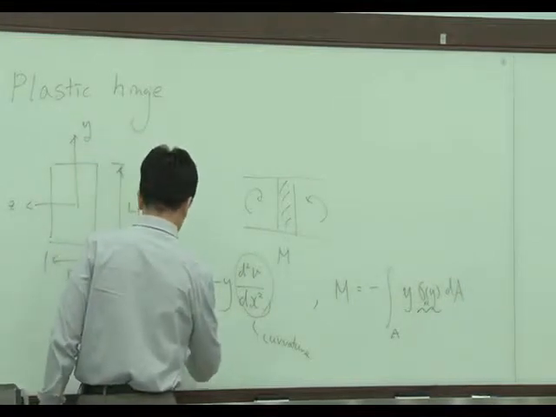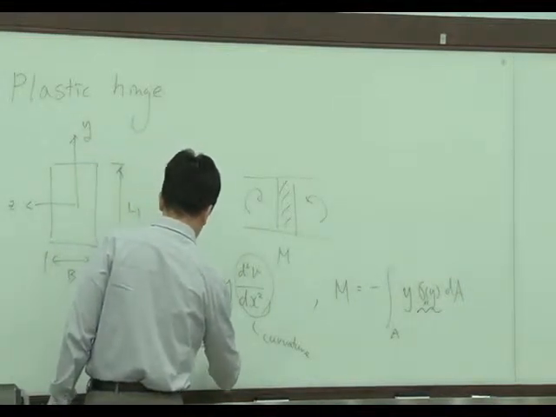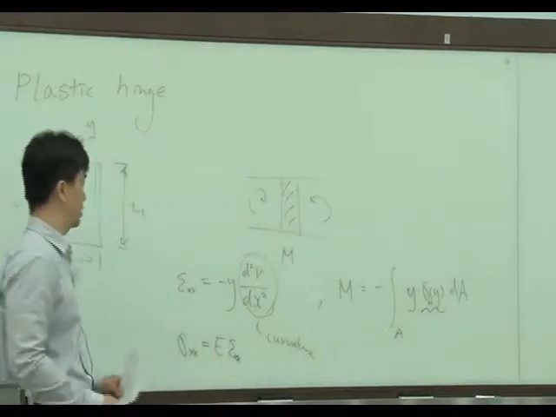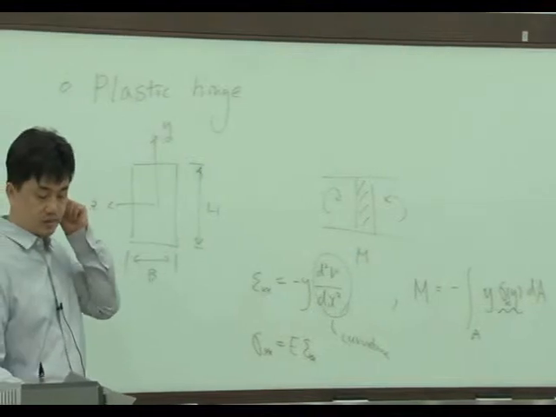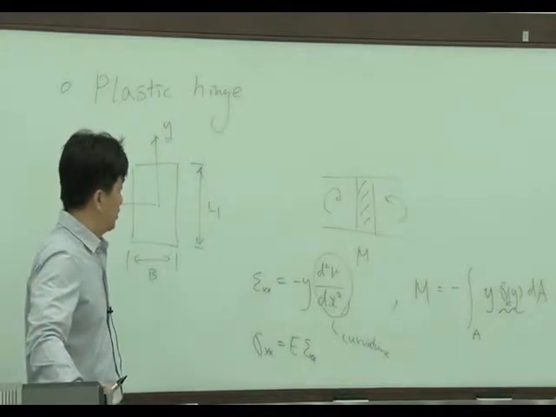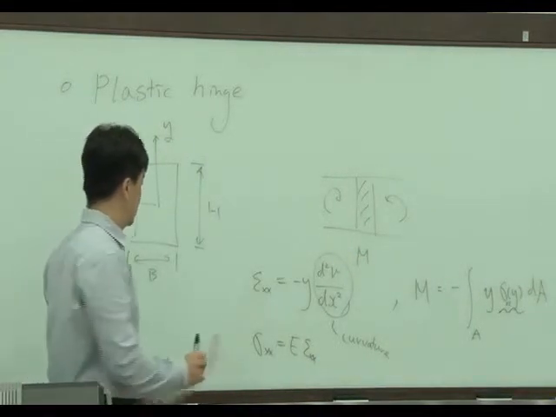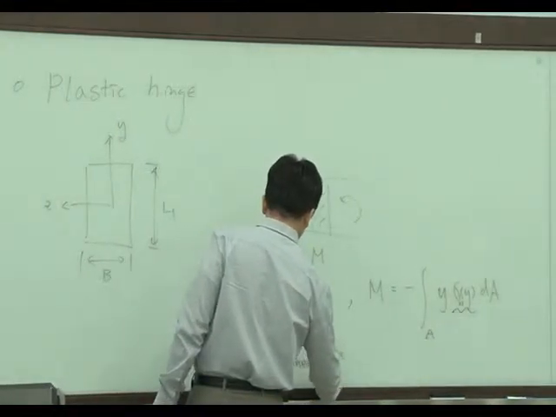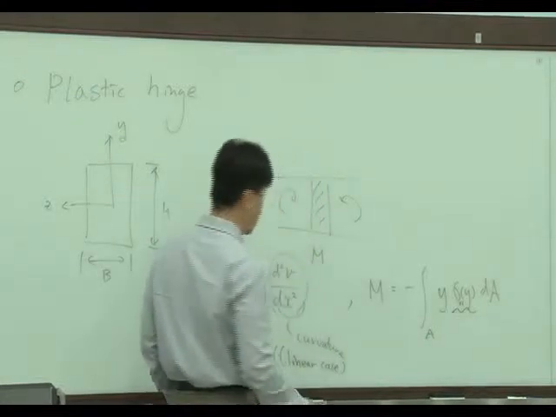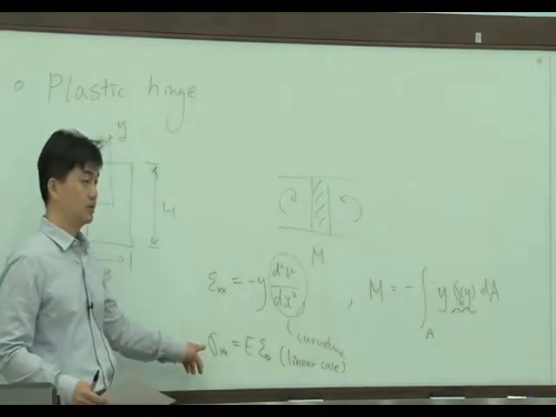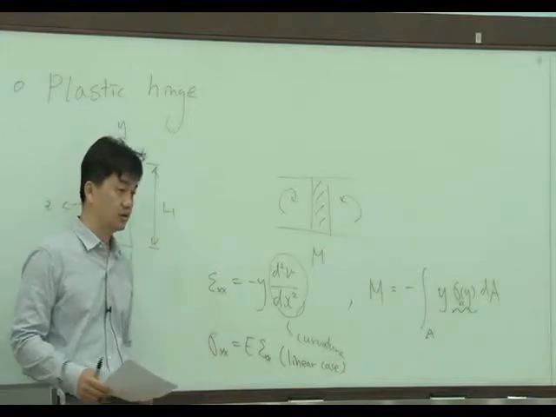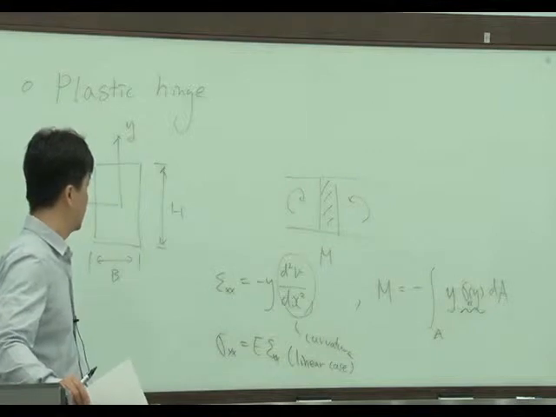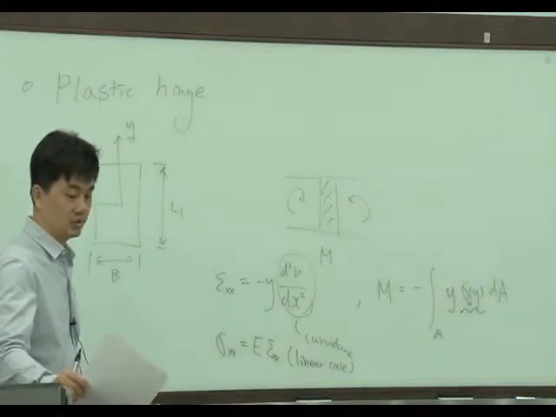So stress xx equals E times strain xx in the linear case. But in the nonlinear case, this condition doesn't hold. Okay, so this is the basic equation we need to remember.